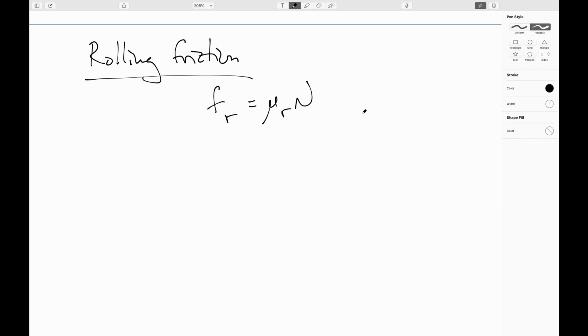But the thing is that usually these values of mu R are really small. So usually you can just neglect this altogether. I mean, there are times where you can't. If you're designing a car, you definitely can't. Bike tires, basically inflatable tires, you can't. Wheels on a shopping cart, maybe you can get away with it.